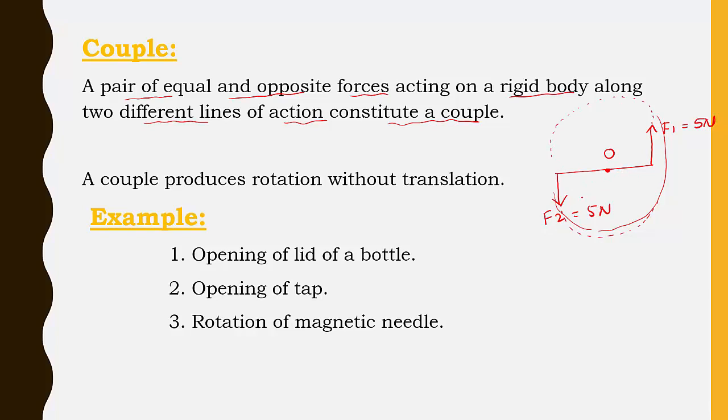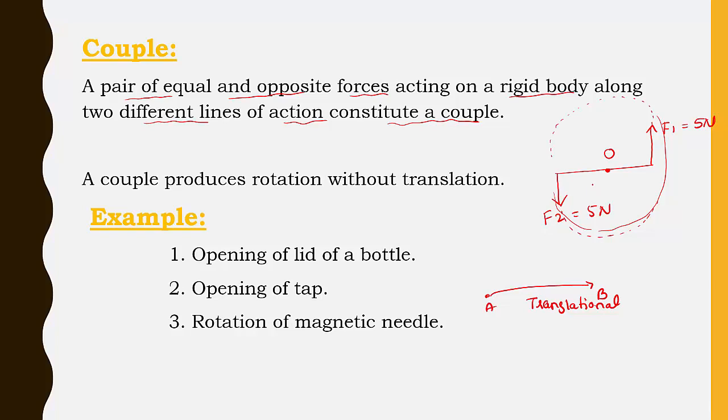There is no translational motion. Translational motion means the object changes its position from point A to point B. But here, when we apply a couple of force, the object starts to move in a circular path. This is called rotational motion.